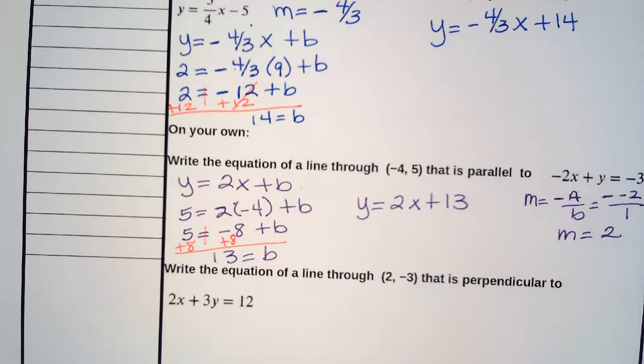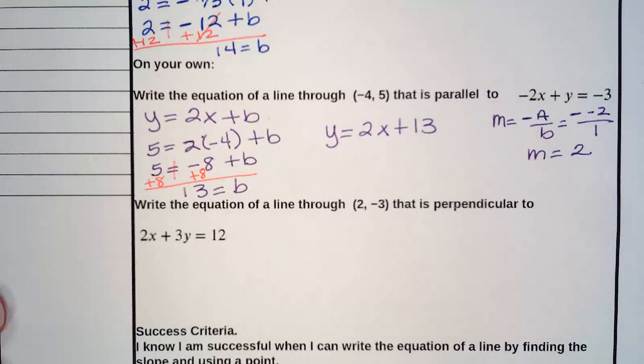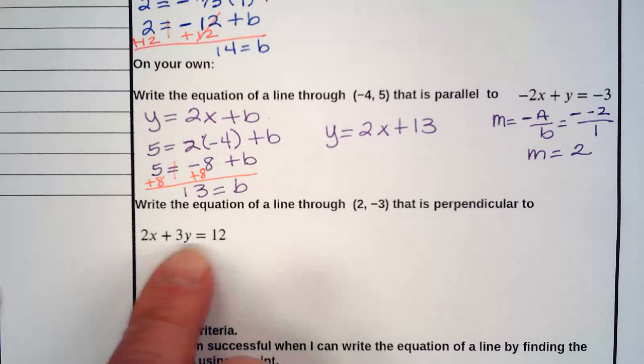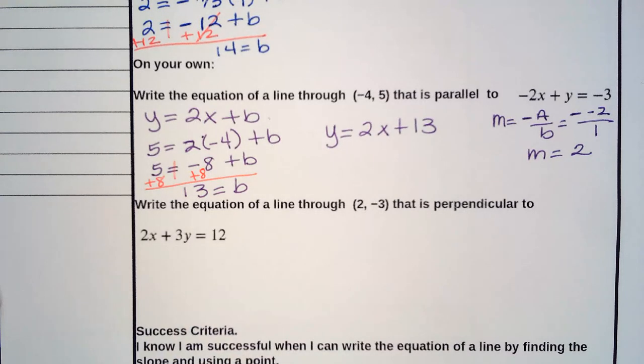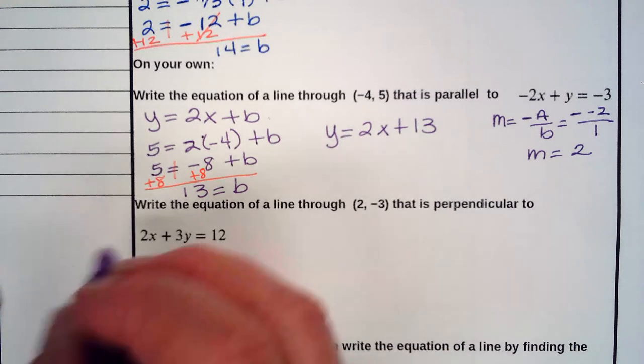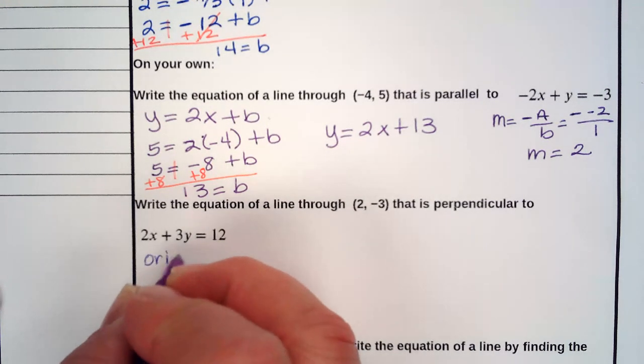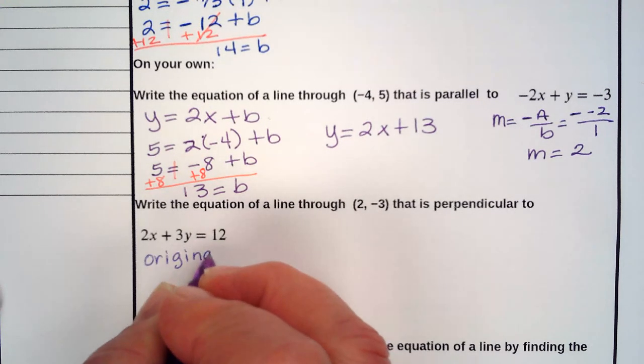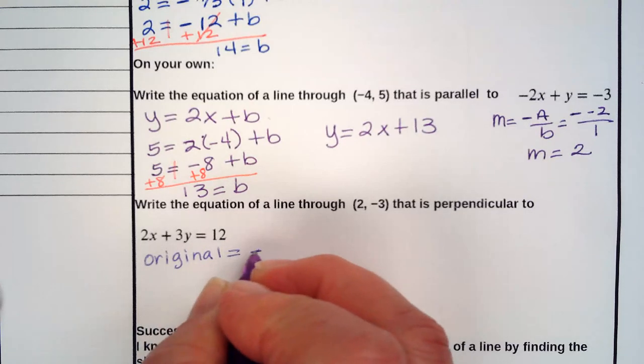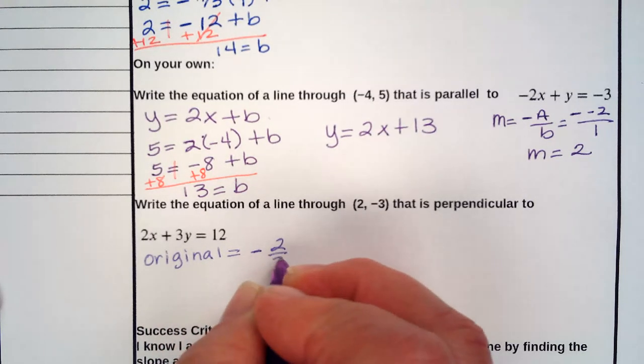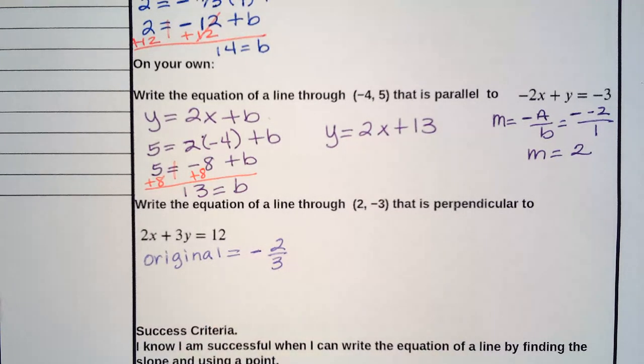Okay, for the last one, we still have to find the original slope. So the original is the opposite of 2/3, the opposite of a over b.